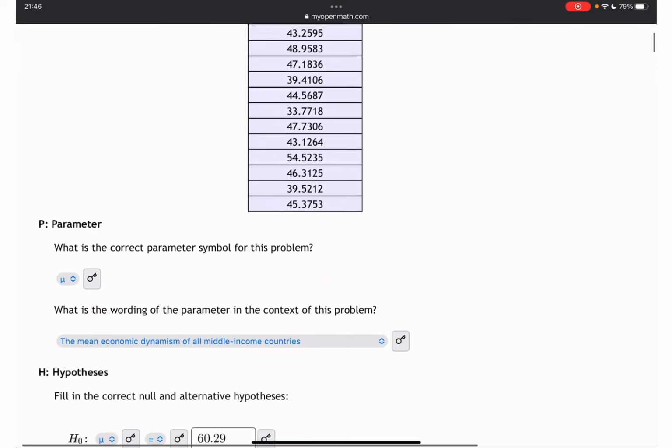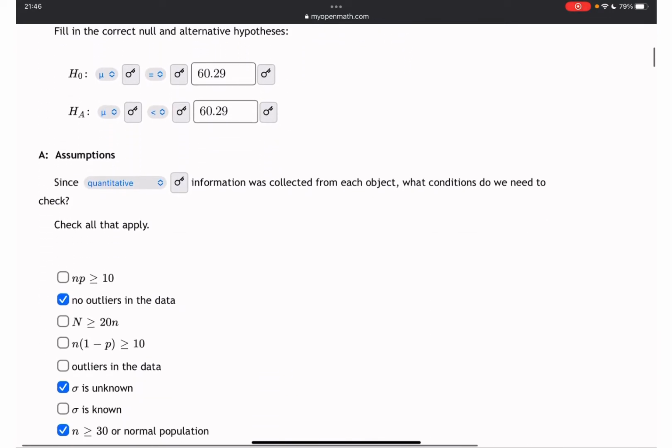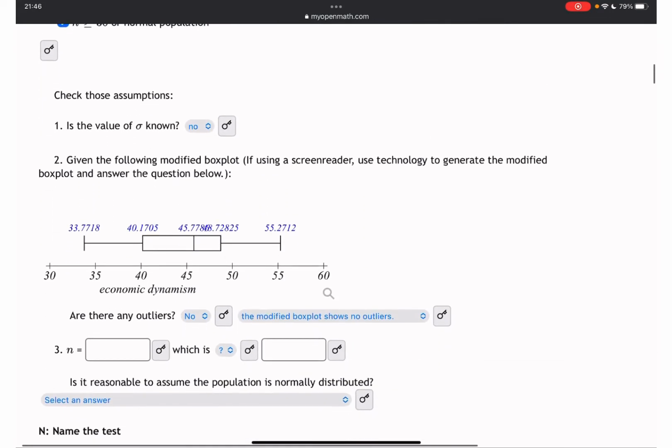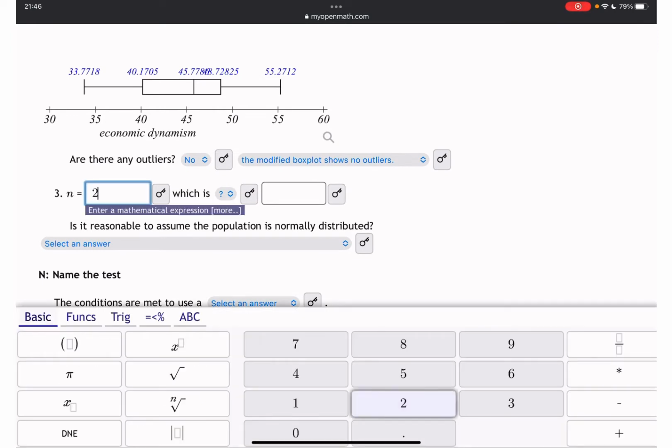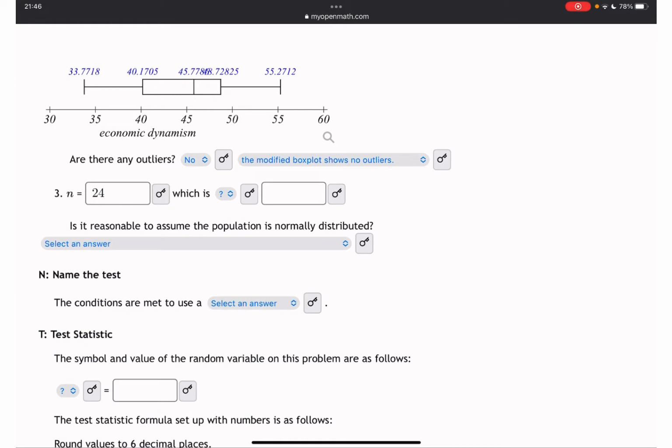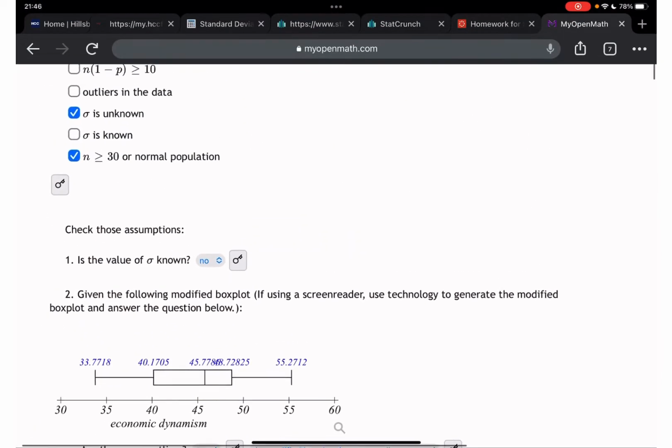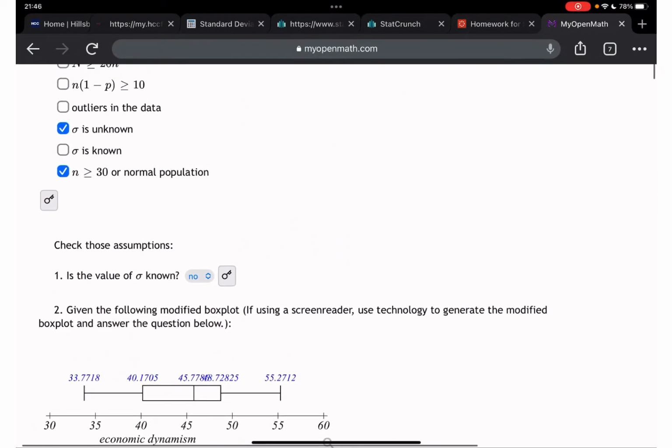24. And with 24, we are checking our condition. We use the z-score test statistic if we have a sample size greater than or equal to 30.